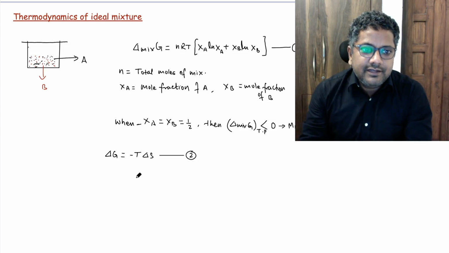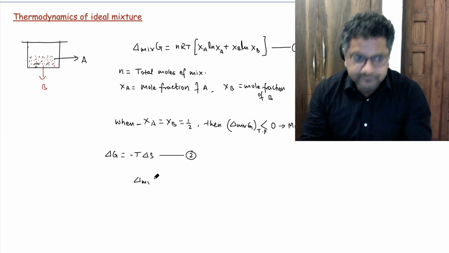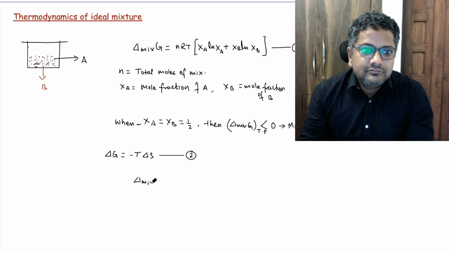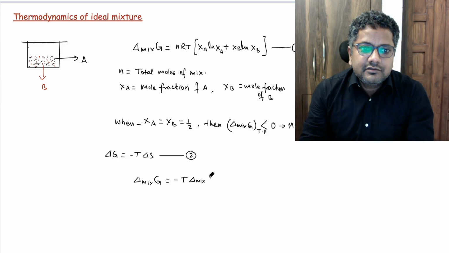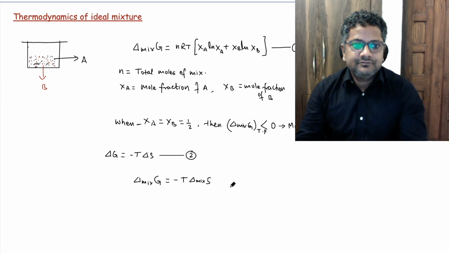So you can write delta G mixing is equal to minus T delta S mixing, right?